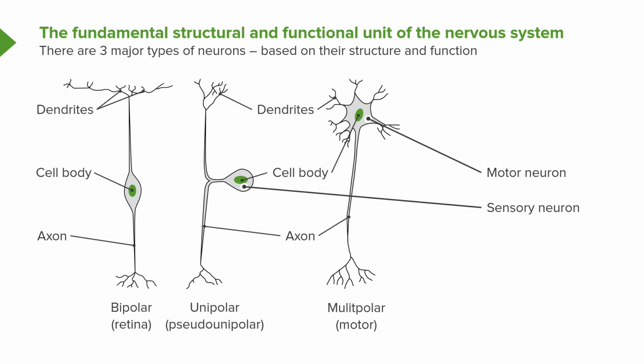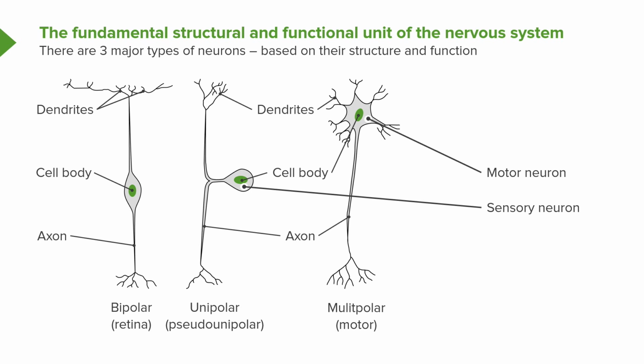That's because this is a sensory neuron and one part of the axon is bringing information in from the periphery, and then the other part of the axon travels past the cell body and brings information into the brain or spinal cord.